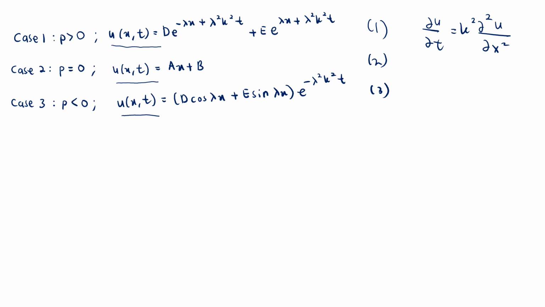So first you have to differentiate u with respect to t and find the second order partial derivative with respect to x. And if both sides are equal, or what I mean is if the left hand side is equal to the right hand side, then this function of u is the solution to this equation.